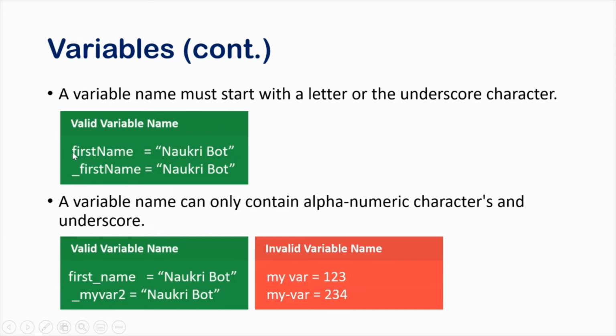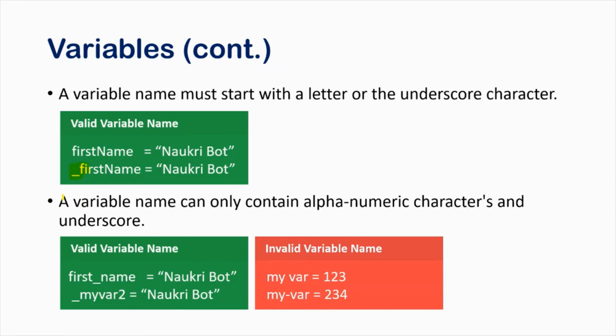In the first example, the variable name started with the letter F, and this first name stores the data Nokribot. One more statement is written: a variable name must start with a letter, or the underscore character. So we can also create a variable name with an underscore character. In the second example, I have mentioned this also, that the variable can start with an underscore.